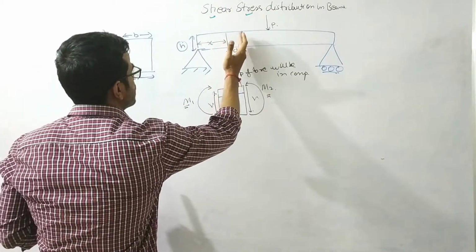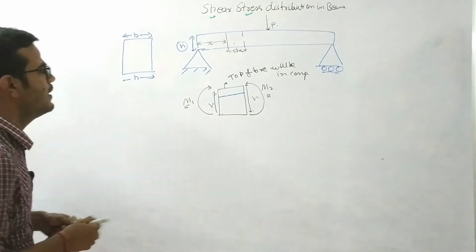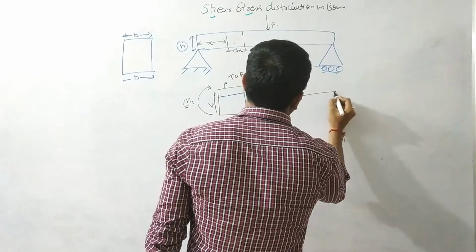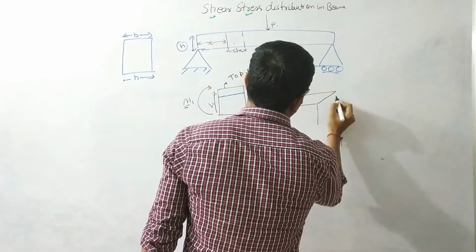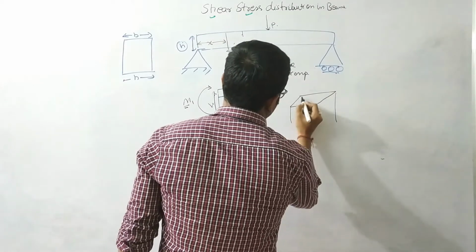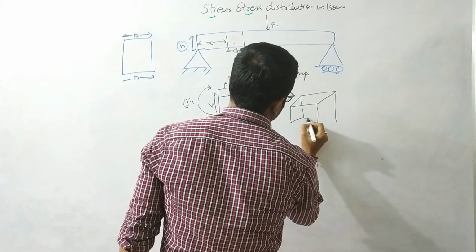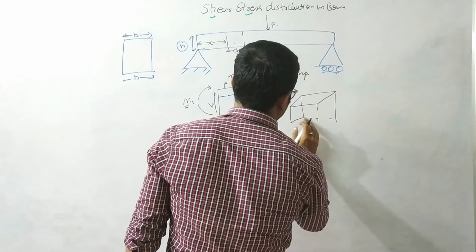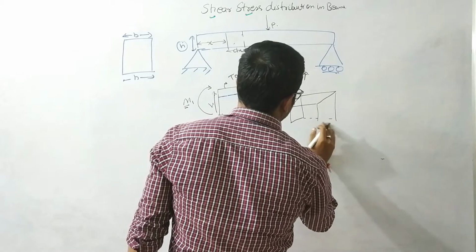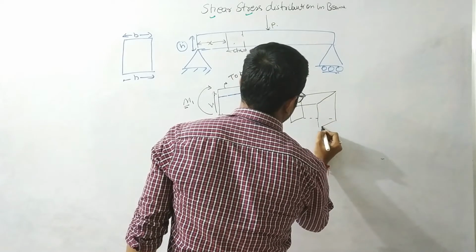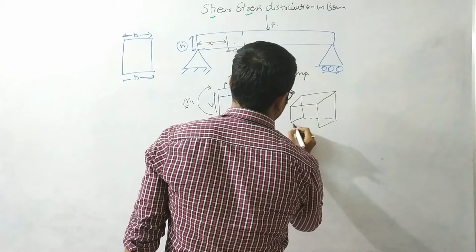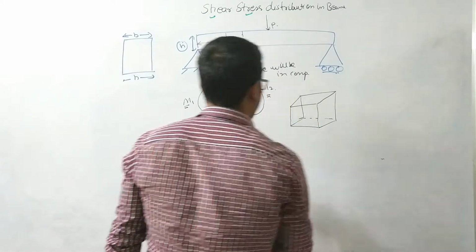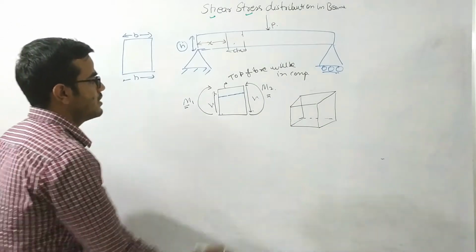If I draw the cross section of this beam portion, it is rectangular, so it may look like this.